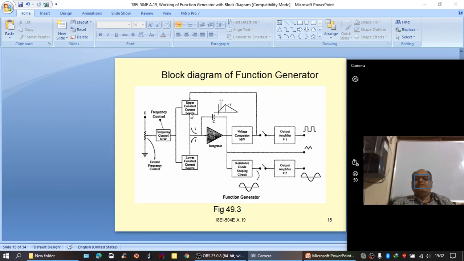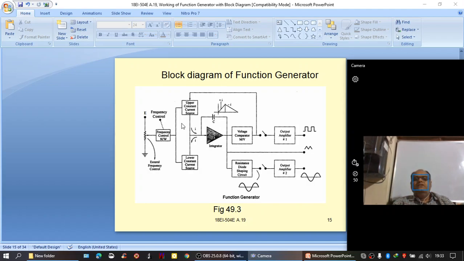Through the upper constant current source, a positive current is supplied. Through the lower constant current source, negative current is supplied. That means the upper constant current source will source the current.